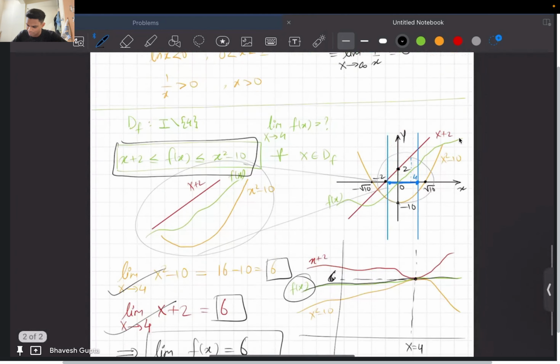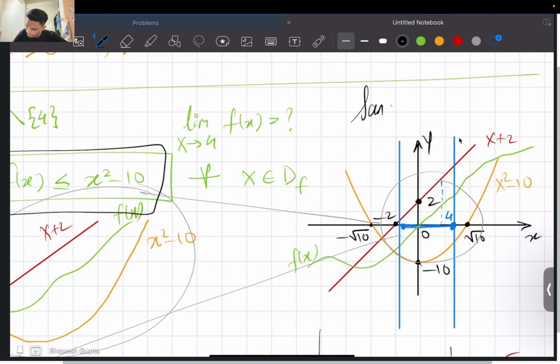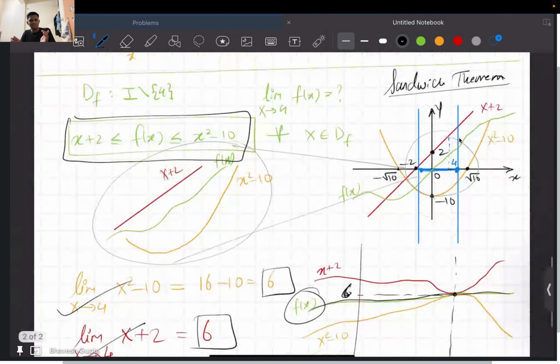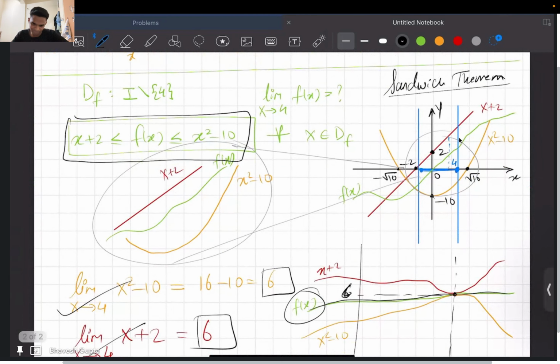This is called the sandwich theorem, because your original function gets sandwiched between two known functions such that their limiting values are known at the same point, and it turns out to be the same.